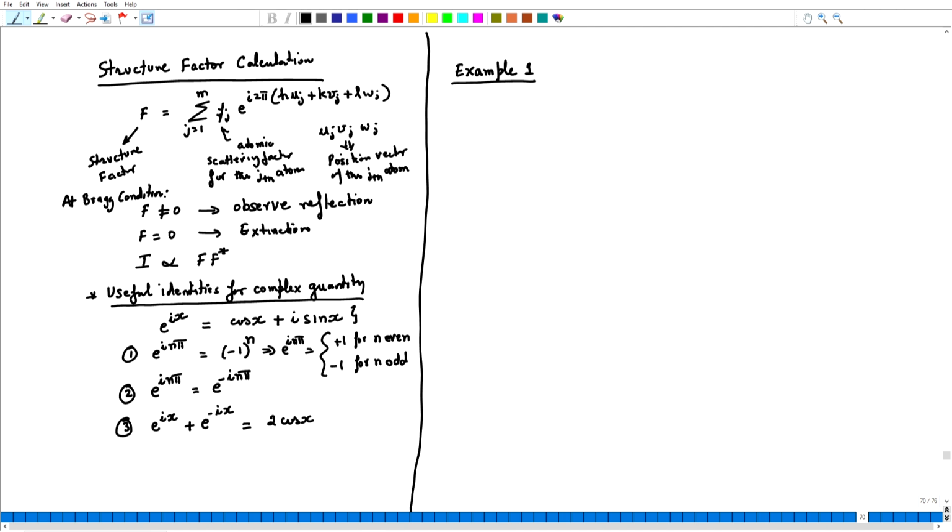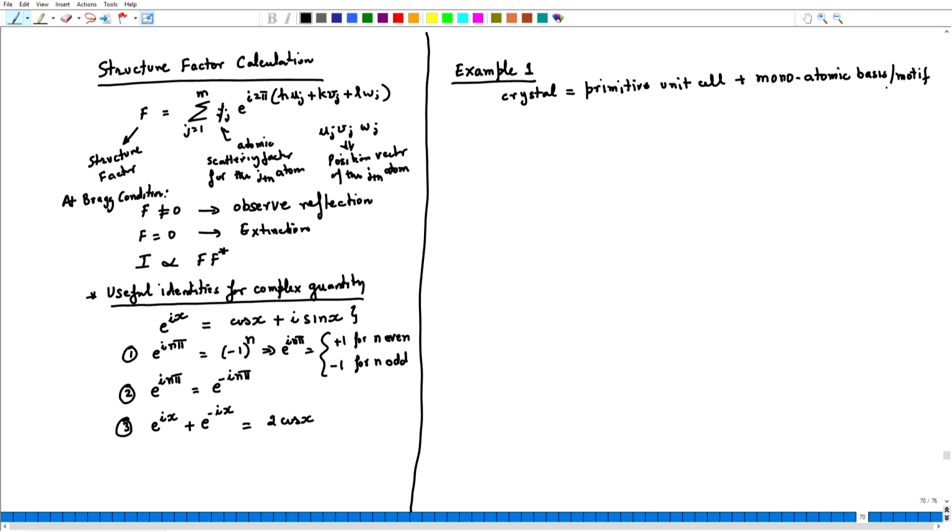Example 1 will take the simplest possible case, where I have a crystal whose lattice is a primitive lattice, a primitive unit cell, and the motif, the atoms that will be added to this primitive unit cell, is a monoatomic basis or motif. So, what does this mean?